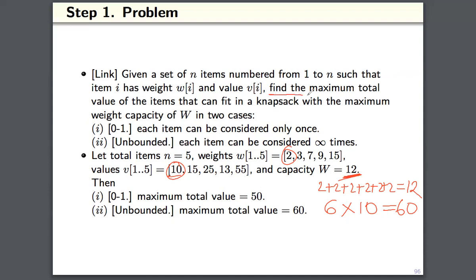So here we will just aim for finding the total value. And as I said, this is the forward pass of DP. Using a backward pass, which we will not see, but it will be similar to what I discussed earlier for LCS, you can find the exact subset. Okay, but we will not look at it. We will just look at how to determine the maximum total value of the items. Okay, so let's start. This is our problem.